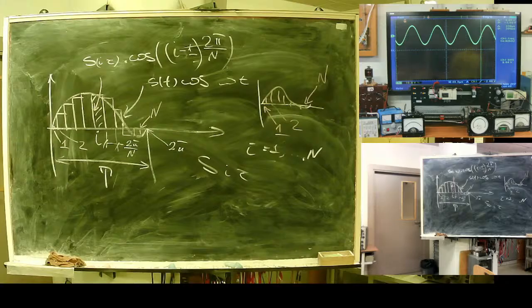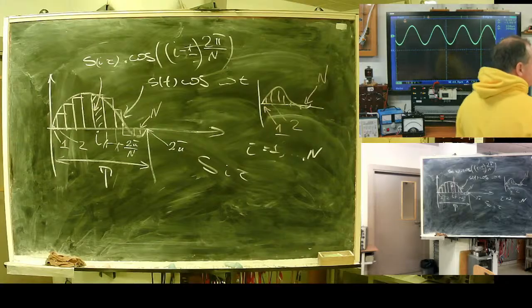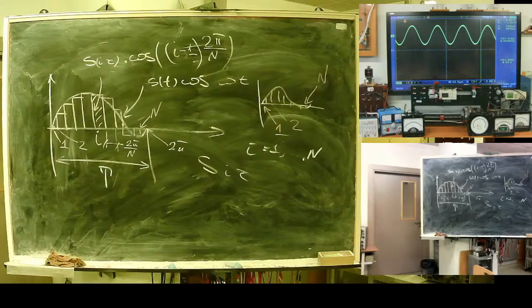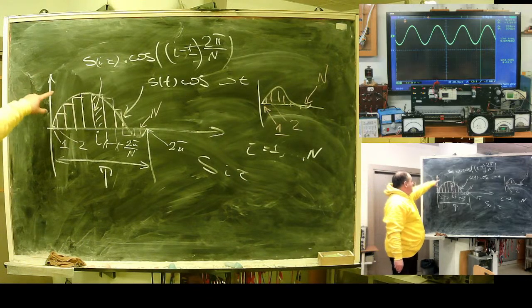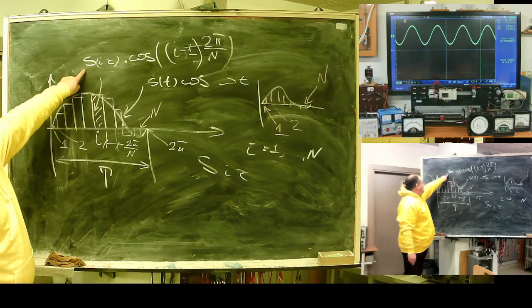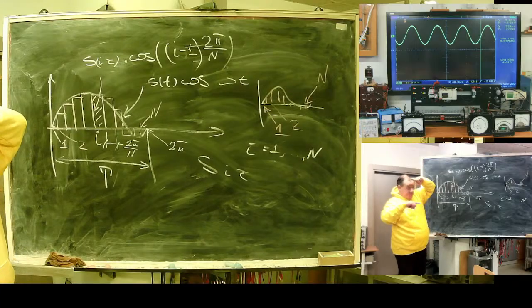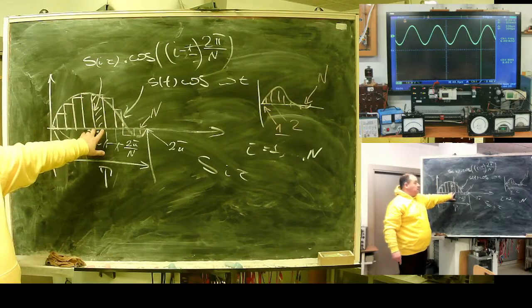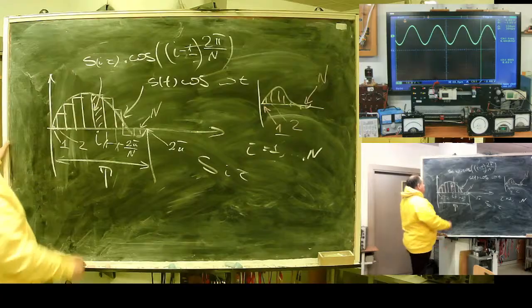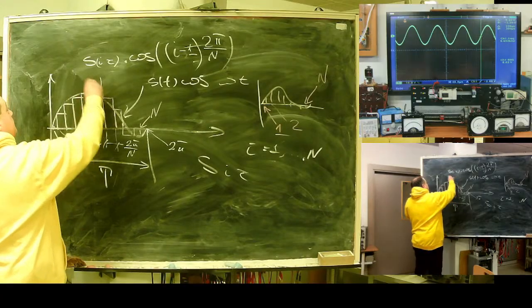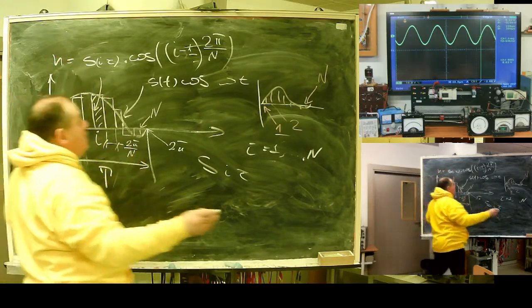Summation of the rectangles is a way to obtain a numerical integral. Here, this one is the magnitude or height. I also need the length, so this is h.